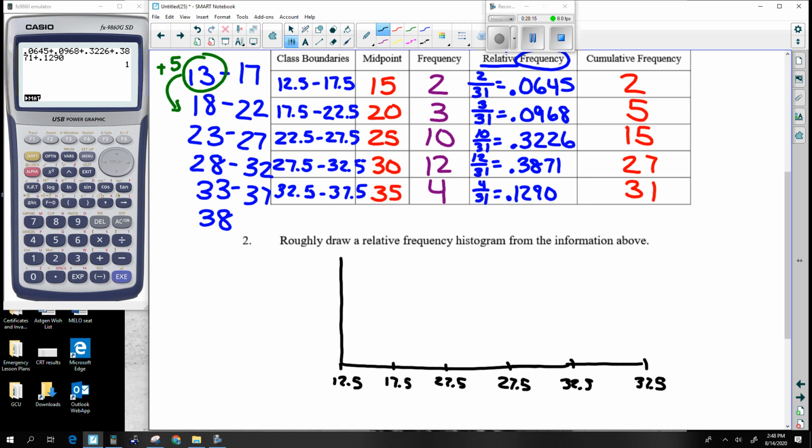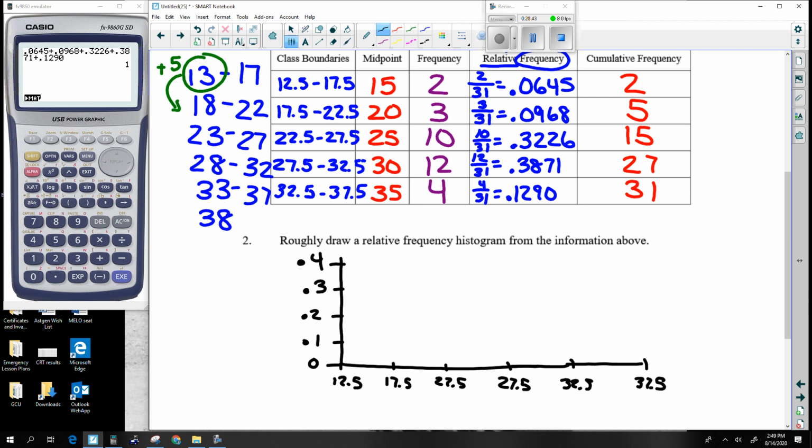And again, this is going to be of the relative frequency. So I'm making a histogram of the relative frequency. So I see that the biggest relative frequency is approximately 0.38. So just for simplicity's sake, I'm going to go a little bit bigger. Start at 0. So this would be 0.2, it would be 0.3, it would be 0.1. And then just roughly make your bars to those approximate levels.